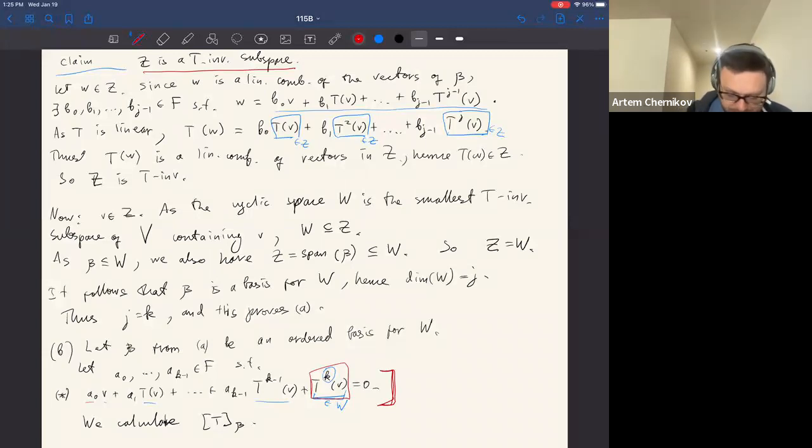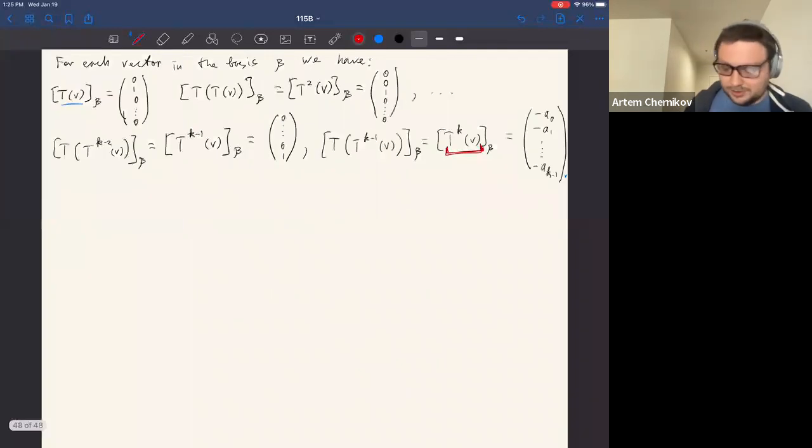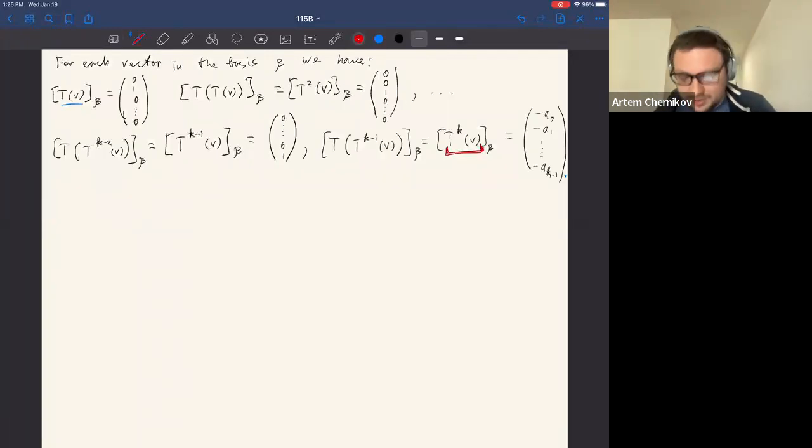We just have to collect these coordinates, but we have to take them with minus because we move this here, and then this gives us the coefficients with respect to the basis, right? So that's it. So this gives us these coordinates, minus A0, minus A1, etc., all the way to minus A k minus 1, okay? All right.